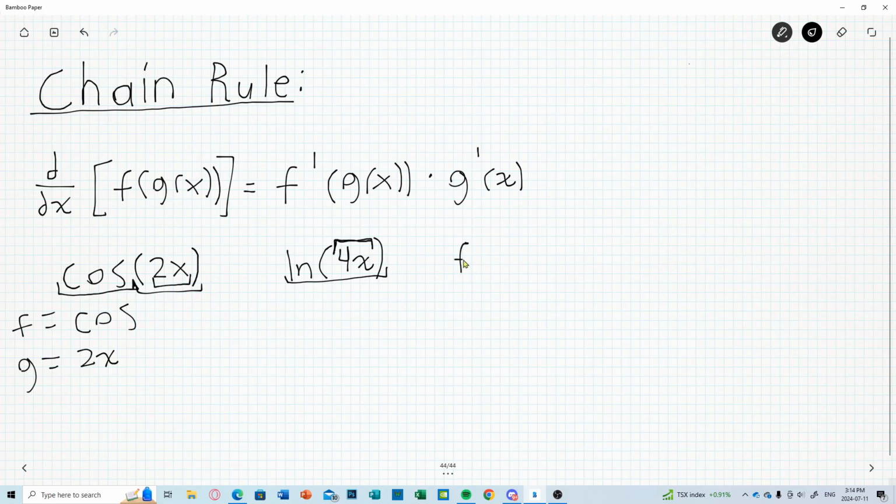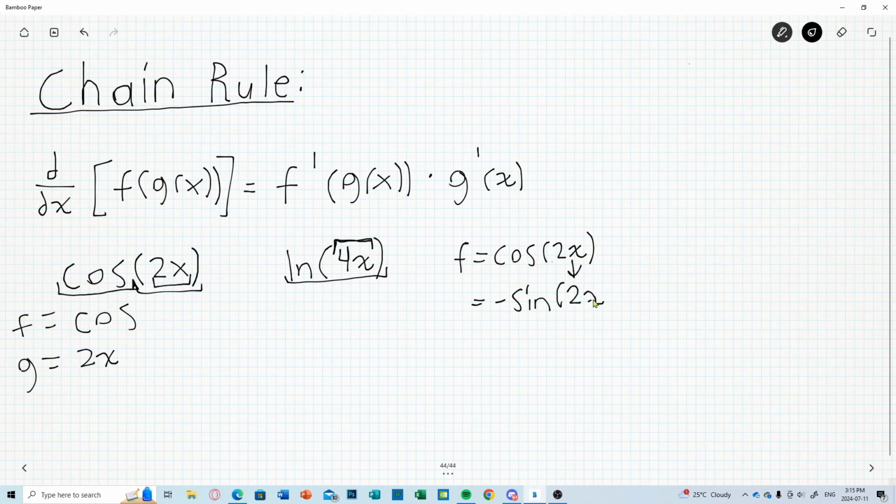So let's say we have f is equal to cos of 2x. To start, what we're going to do is we're going to have f prime. So we're going to take the derivative of cos x, and the derivative of cos x is going to be negative sine. And then you take g of x and you drop it down and keep it the same.